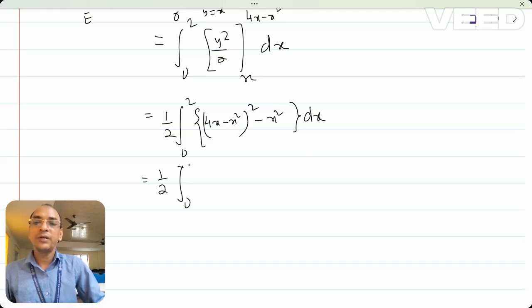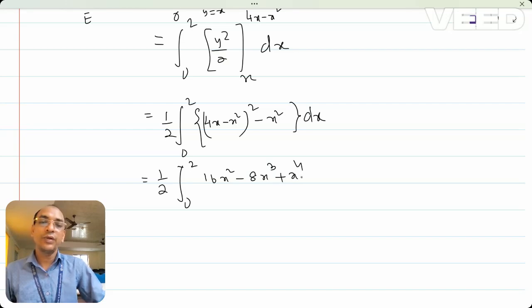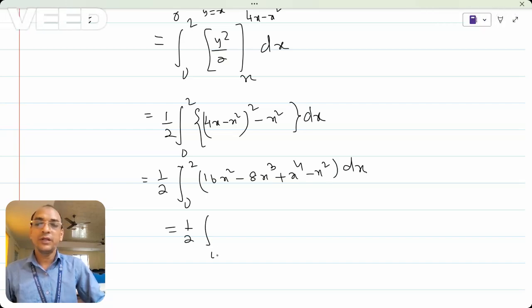If you open it, this will be nothing but 16x square minus 8x cube plus x to the power 4 minus x square dx. So now 1 by 2 integration 0 to 3, 15x square minus 8x cube plus x4 dx.